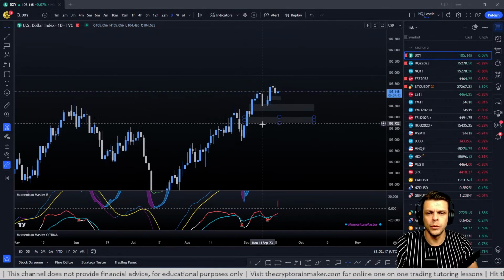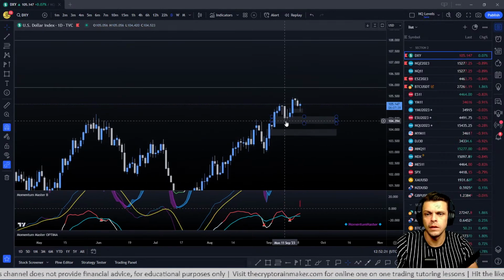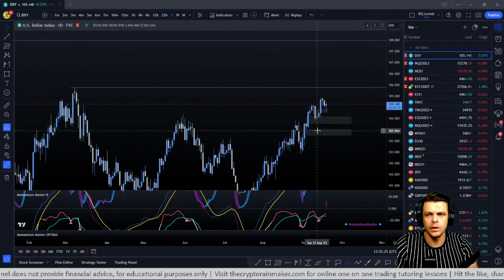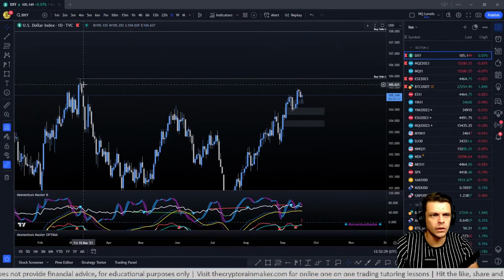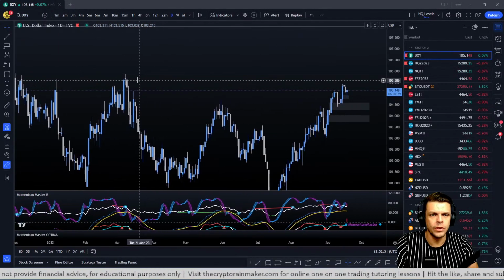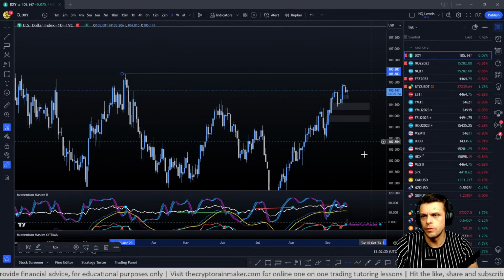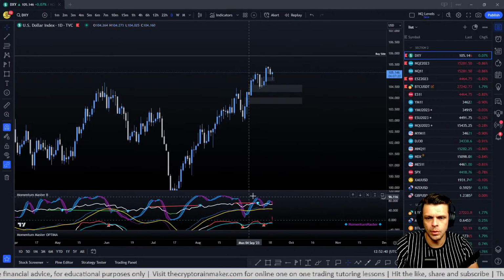Earlier or during last week, we projected the move into this gap which we did not get. We bounced into this one, moved towards the buy side liquidity again, and then like we mentioned yesterday, it looks like the dollar index is reaching for these highs at 105.886. Starting to lose a little bit of momentum.